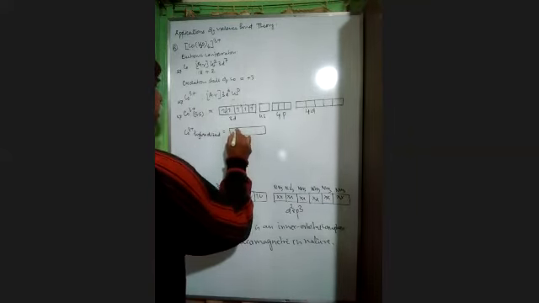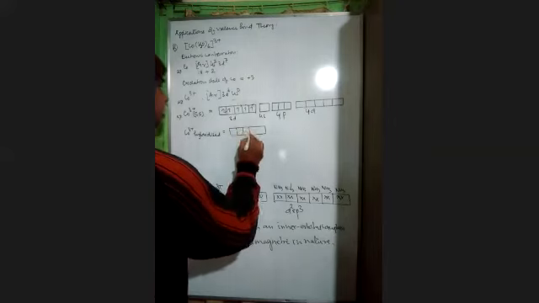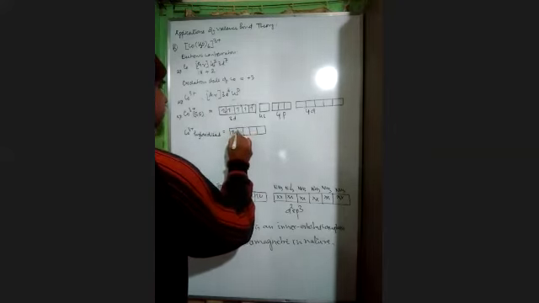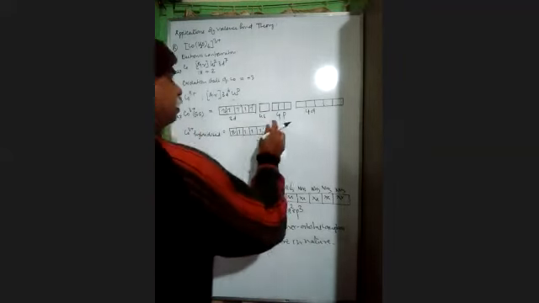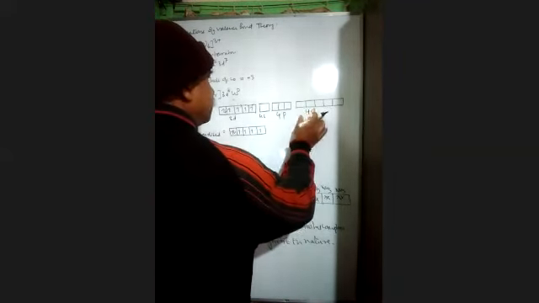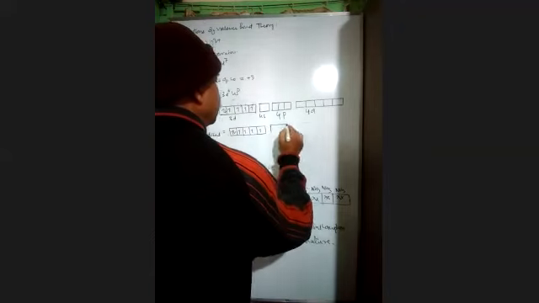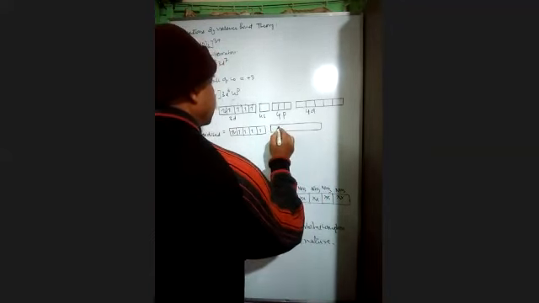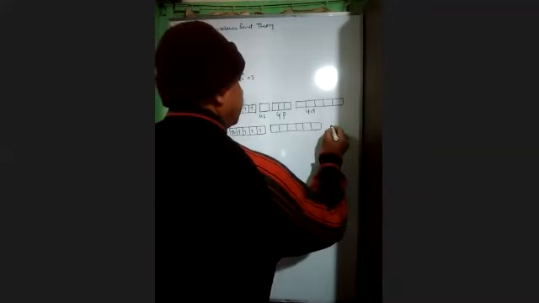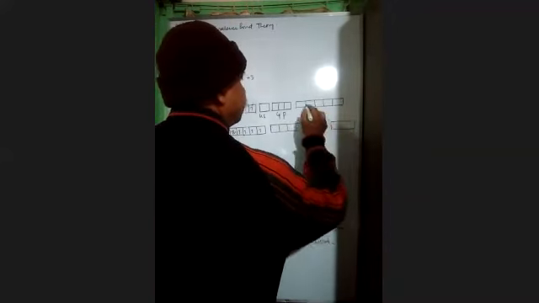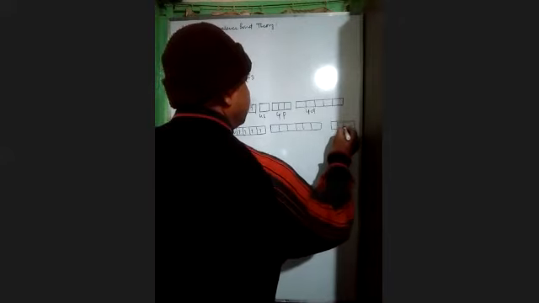See, it will remain here. So it will take 2 orbitals from here, and out of 5, it has taken 2. So 3 will be here.